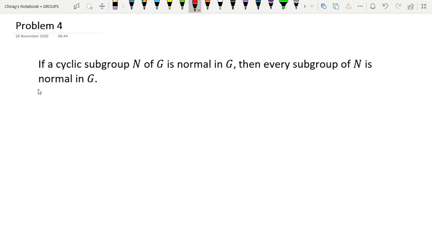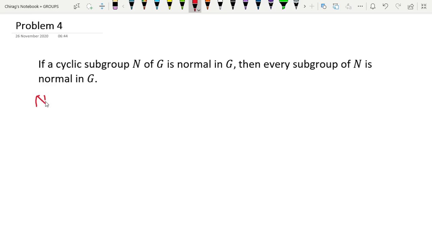Okay, now let us prove problem number 4, which is: if a cyclic subgroup N of G is normal in G, then every subgroup of N is normal in G. First, let us understand the problem clearly.